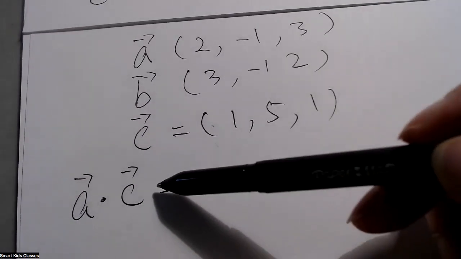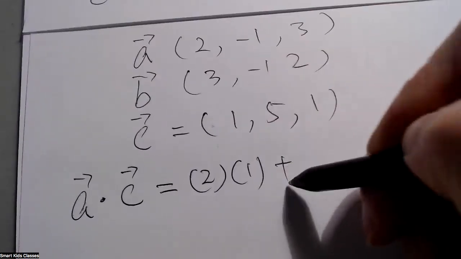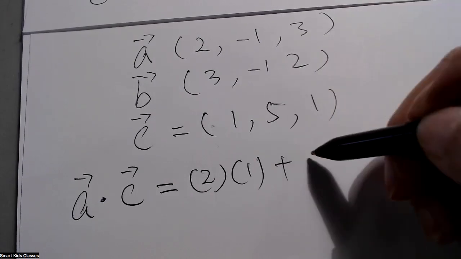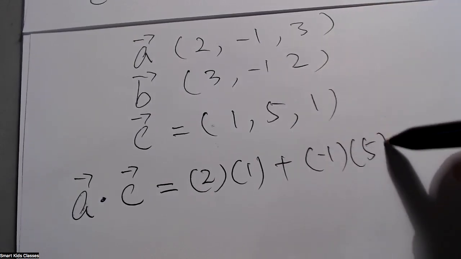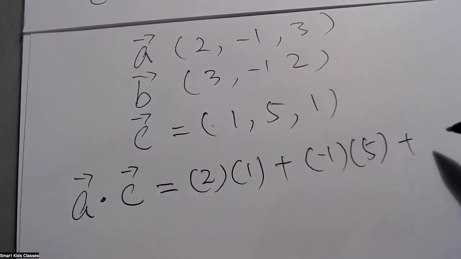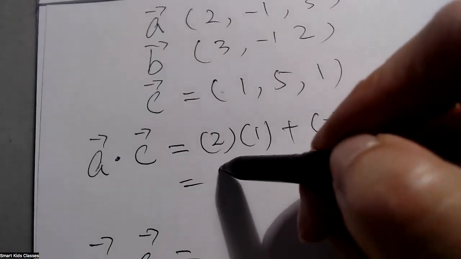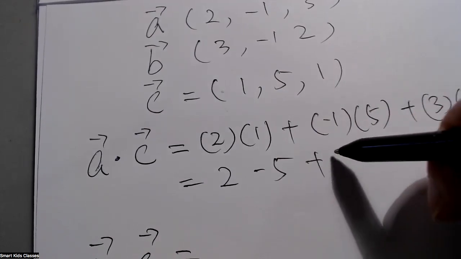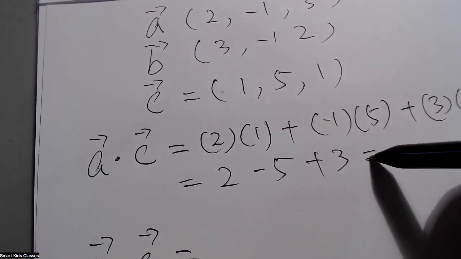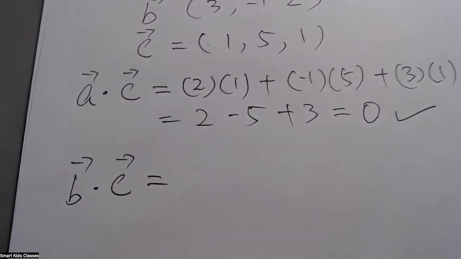A dot C is going to be 2 times 1, plus -1 times 5, plus 3 times 1. So we're going to get 2 minus 5 plus 3. So it is equal to 0. We prove the first dot is correct.